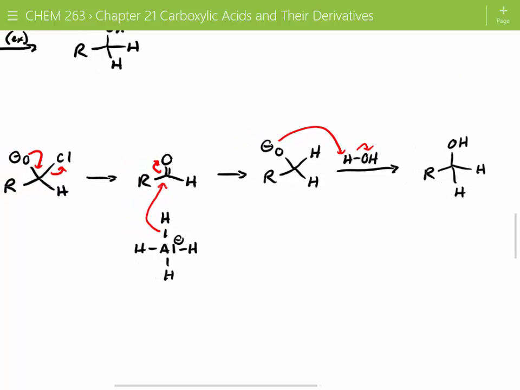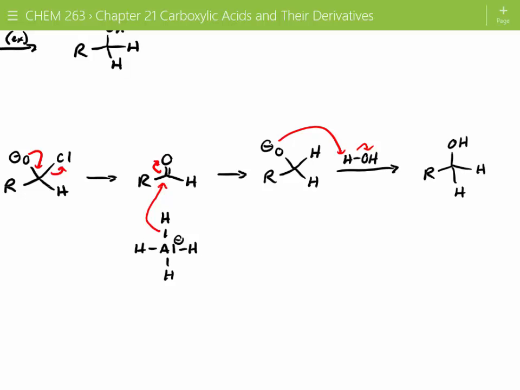All right, so the cool thing about this is chemists thought about this and they said, well, what if we want to stop at the aldehyde? What are some strategies we can do? What do you guys think? Don't use LAH. So we could switch to a different reagent, maybe something that's not as strong of a hydride donor. So we can change the strength.